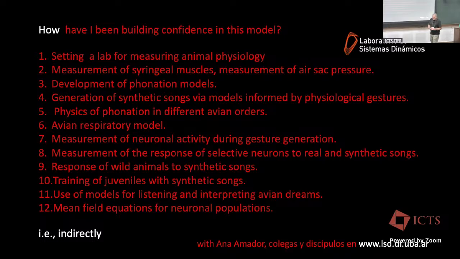So after this first work, I decided to set up a program, which is what I've been doing during the last years, and I'm going to describe it. I had to set up a lab to measure these parameters and do some animal physiology, to measure syringeal muscle activity, which is what controls these tensions, because in the trachea, you have the labia that are inside between 2 cartilaginous annuli, and the muscles inserting here.